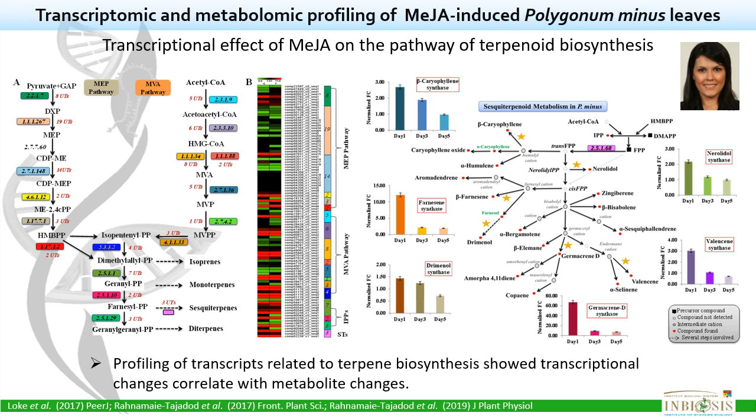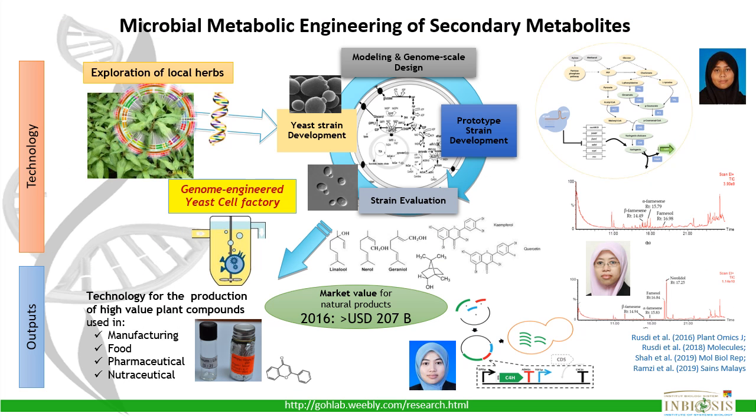So there's a correlation. Based on this understanding, we use the genes to metabolite engineer the yeast and bacteria for the production of some useful flavonoid based on pathway reconstructions. And this is work still ongoing.